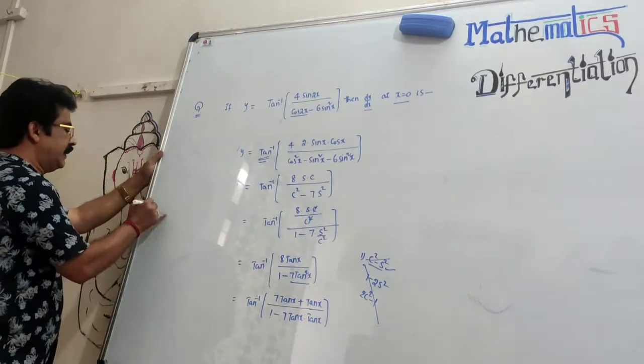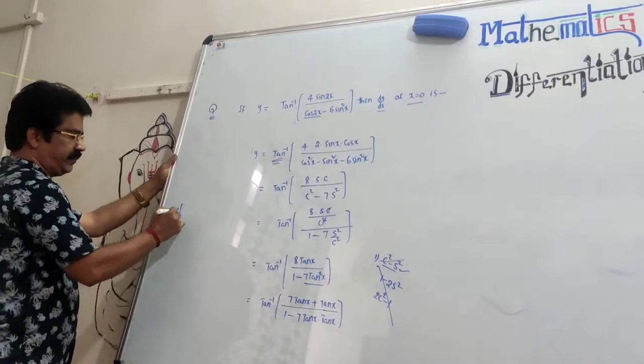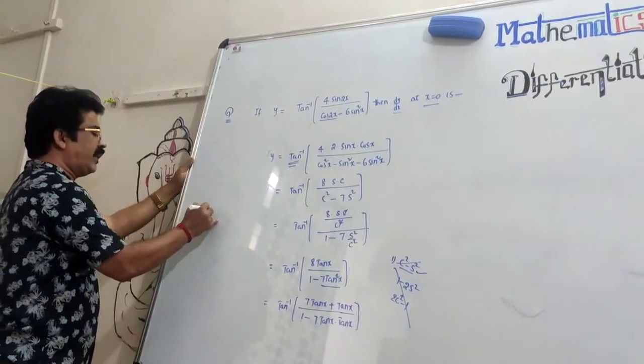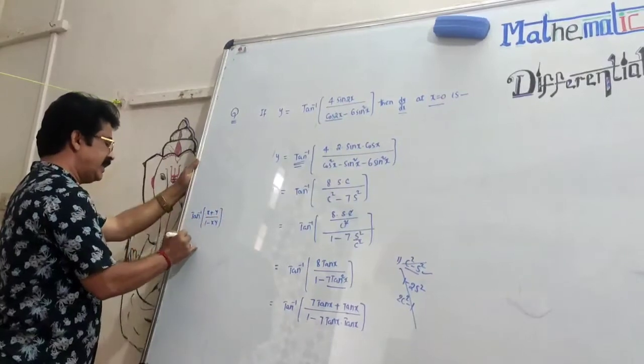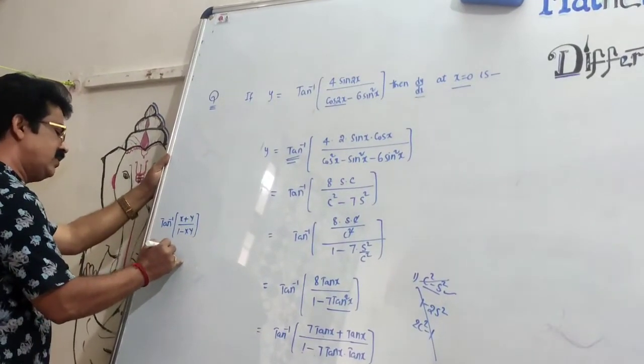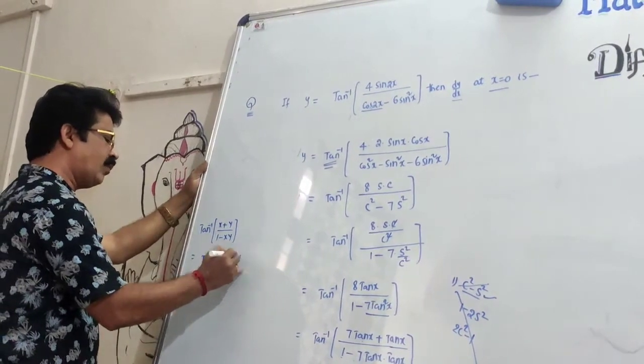Actually, tan inverse of (x plus y divided by 1 minus xy) can be simply tan inverse of x plus tan inverse of y.